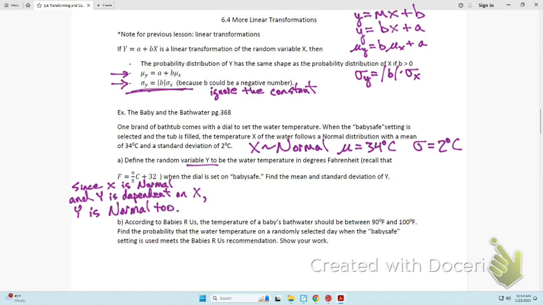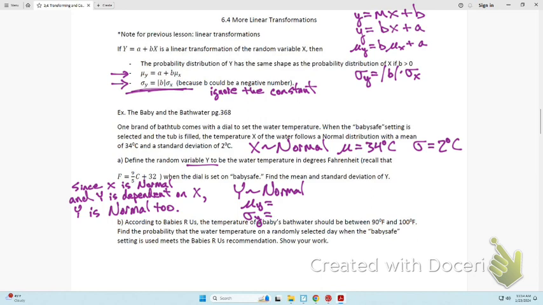All right, so we can say y is normal. We need to find the mean of y and the standard deviation of y. So to do that, we use the formulas typed right up there that we used yesterday.